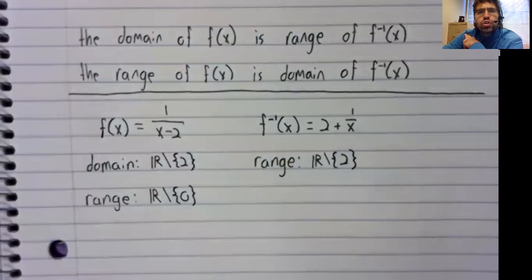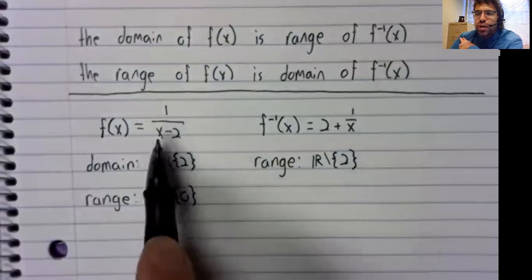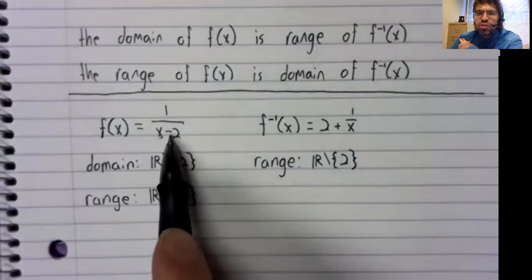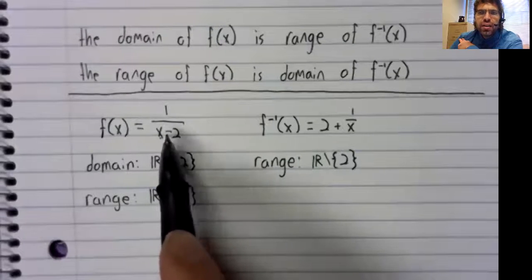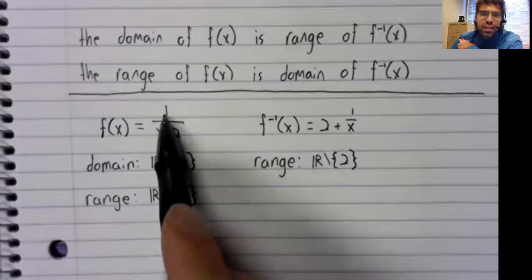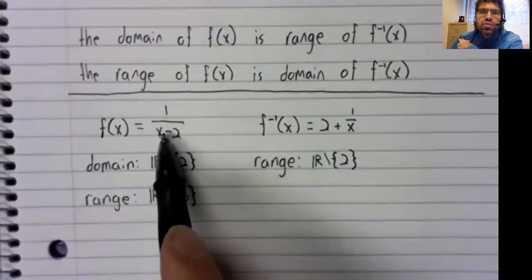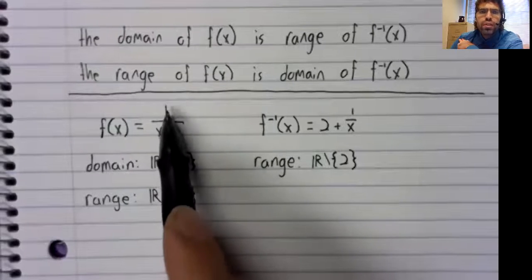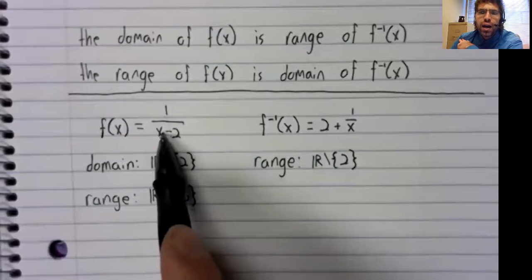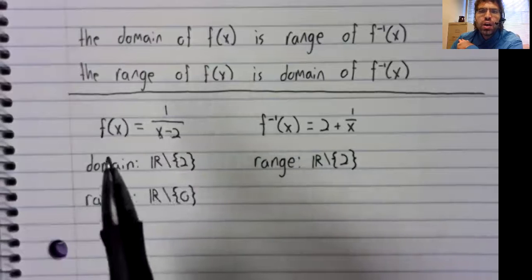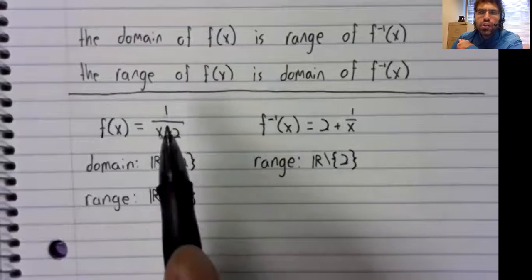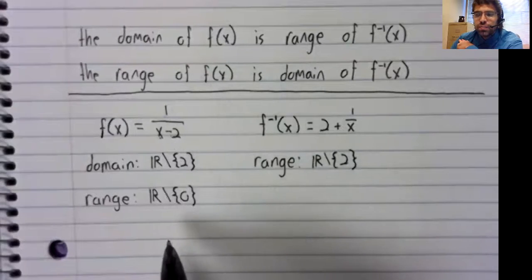Remember that the range is the set of valid outputs. If x minus 2 is positive, this fraction is positive. If x minus 2 is negative, this fraction is negative. If x minus 2 is 0, this fraction is undefined. So the output is either positive or negative or undefined.